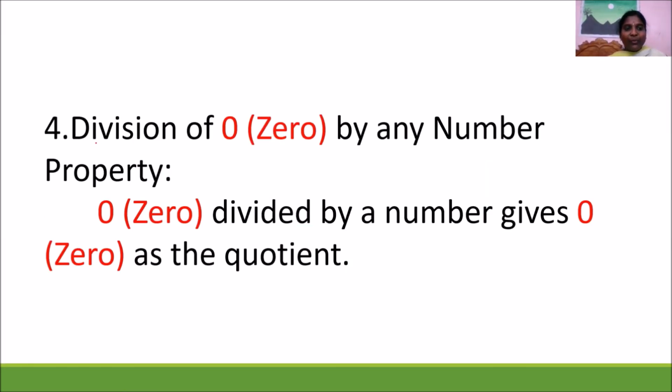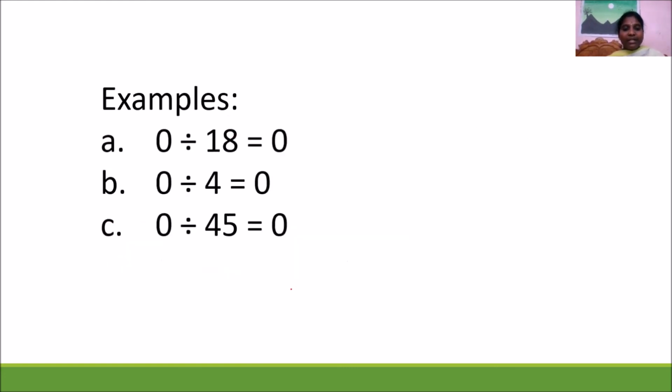Let's see the fourth property, division of 0 by any number property. 0 divided by any number gives 0 as the quotient. That means when we divide 0 by any number, the quotient is 0. Let's see the examples. The first is 0 divided by 18.